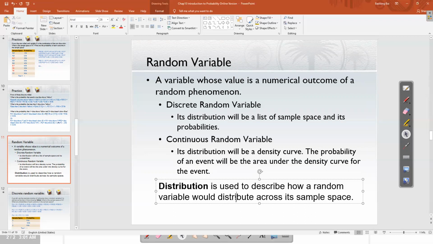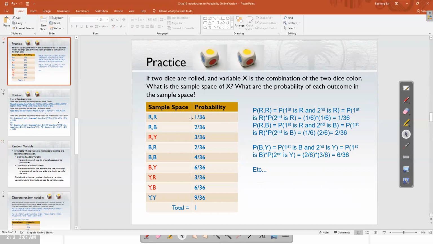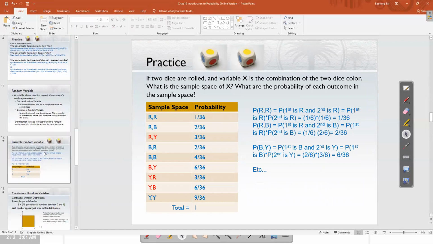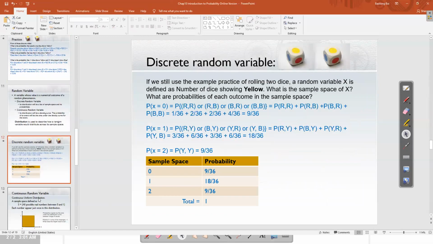And we describe the distribution of discrete and continuous in different formats, okay? So for a discrete random variable, we need to list a table, something like this, to list the individual outcomes and probabilities.